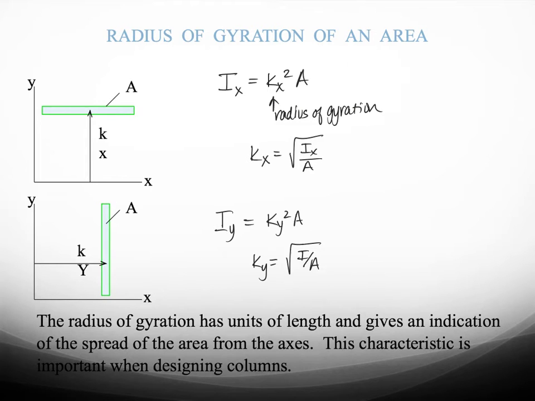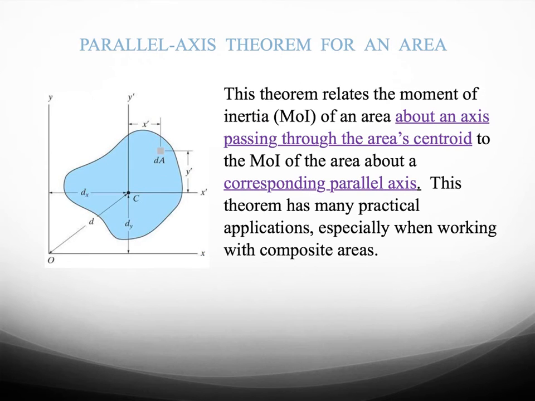It basically gives you the idea of how far away the area would be from the axes. And this is of use to engineers when they're designing columns, and so that's why we would care about this.